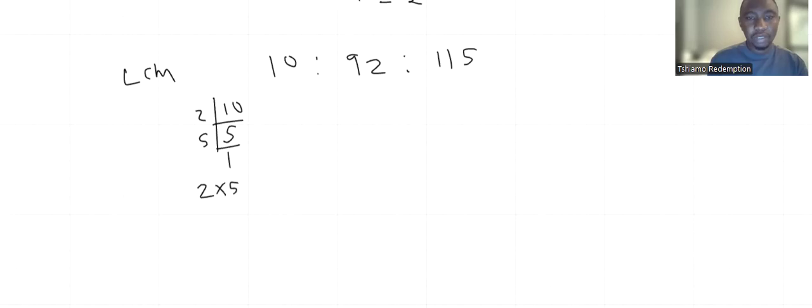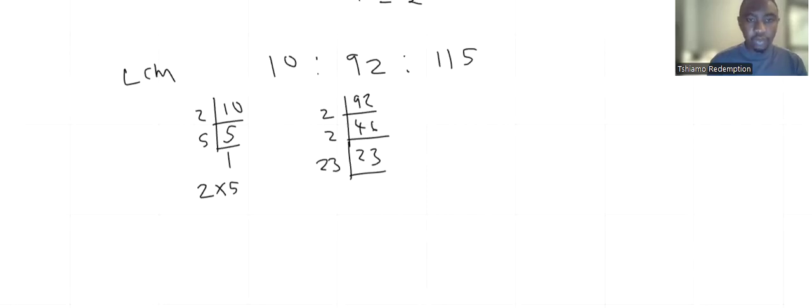92, let's do it. Divide 92 by 2, I get 46. Divide 46 by 2, I get 23. 23 is a prime number on its own, so 23 divided by 23 should give me 1.